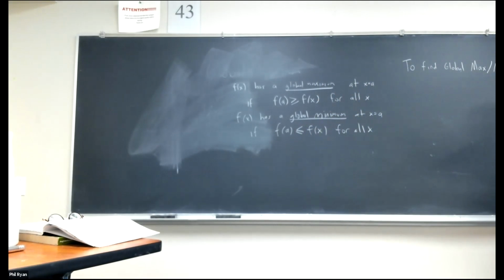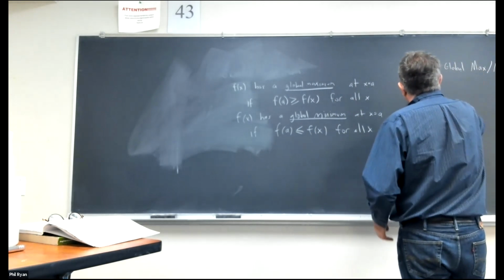What's the relationship between a local maximum and a global maximum? A global maximum is the biggest one. So a global maximum is also going to be a local maximum, but not all local maximums are going to be global maximums. But that gives you a list of candidates.